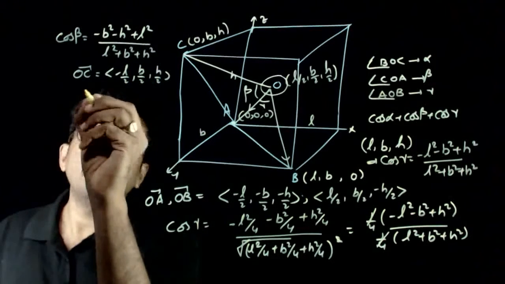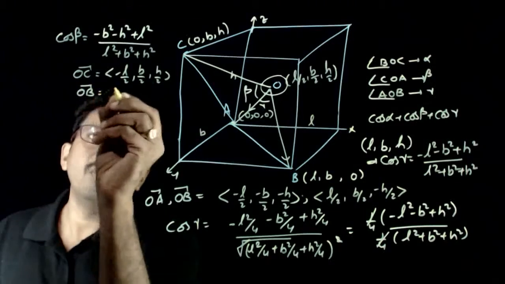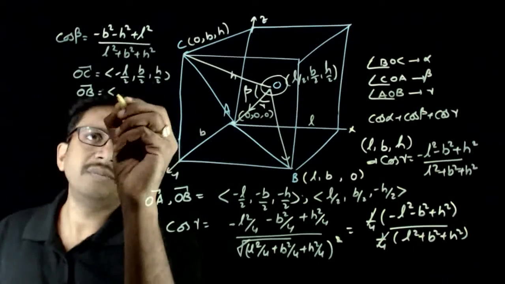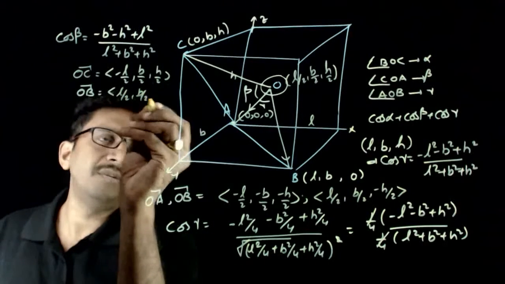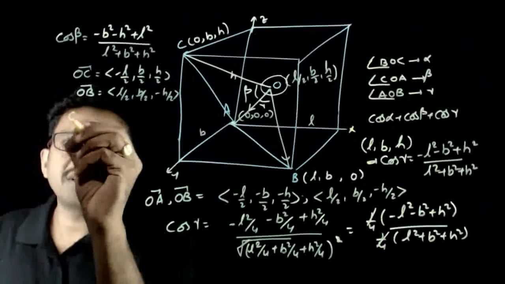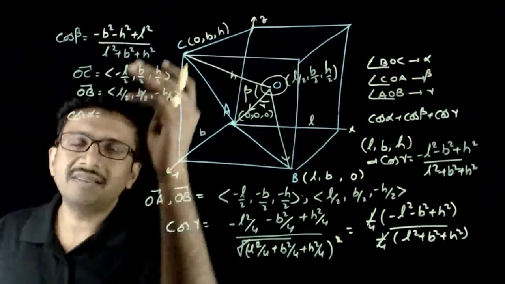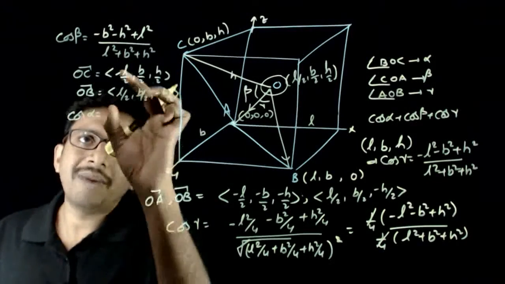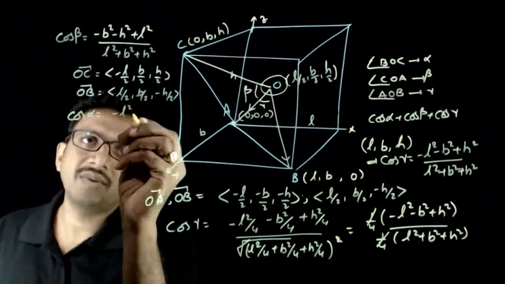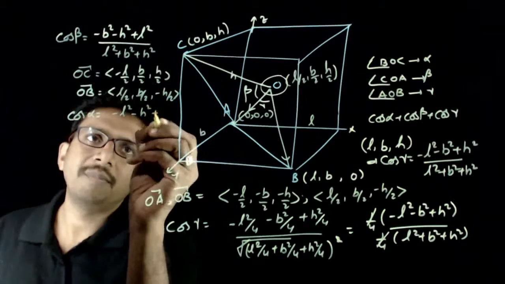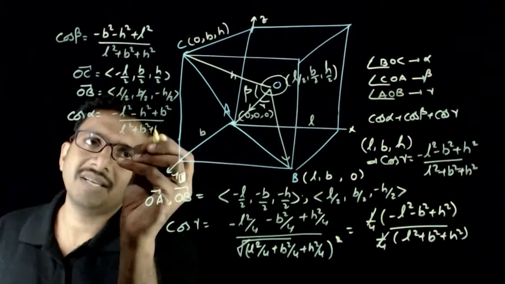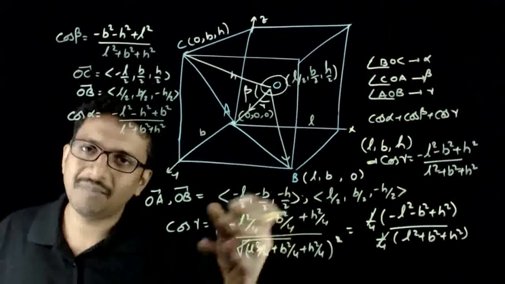OB bar is B minus O, that is L by 2, B by 2 and minus H by 2. Cos alpha is the dot product of these two, so minus L square minus H square plus B square by L square plus B square plus H square. You're getting the same pattern.